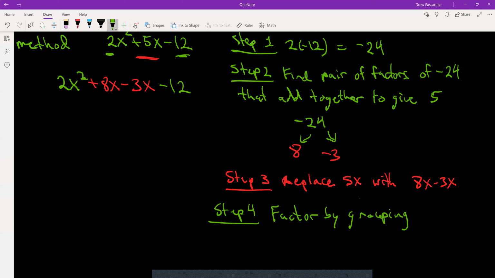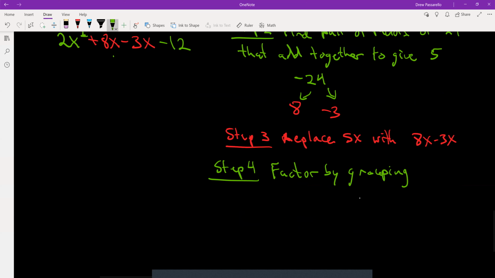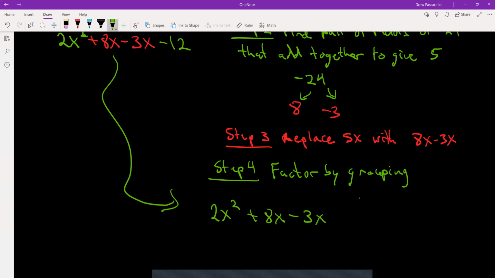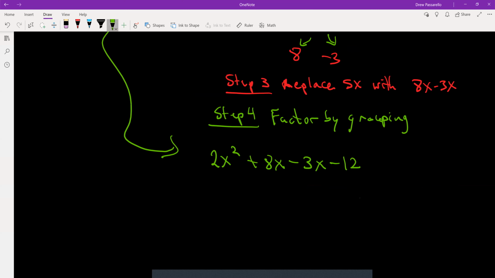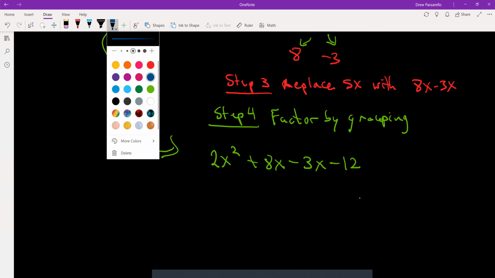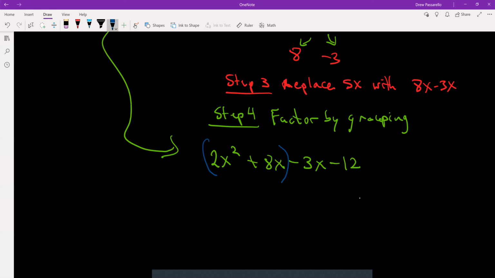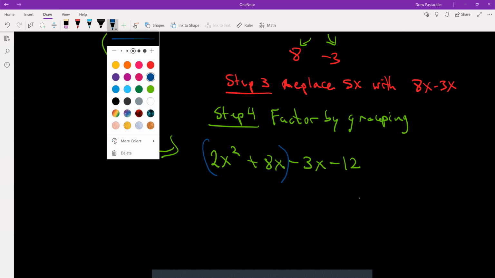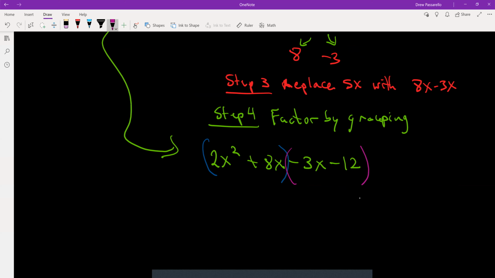So I'm just going to bring the problem down here. I group the first two terms together, and then I group the last two terms together. And then for each group, I factor.